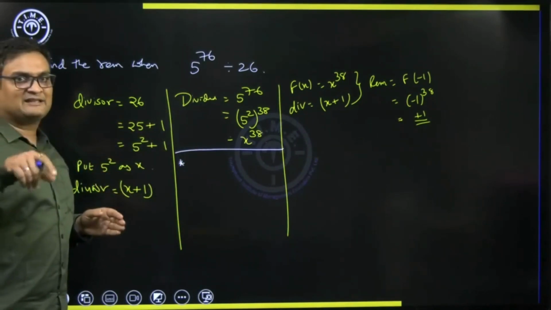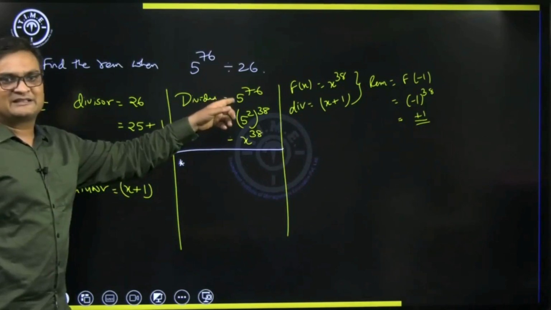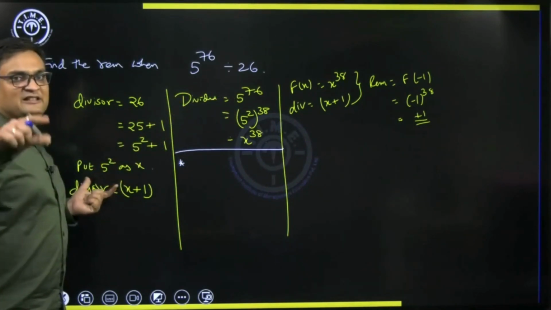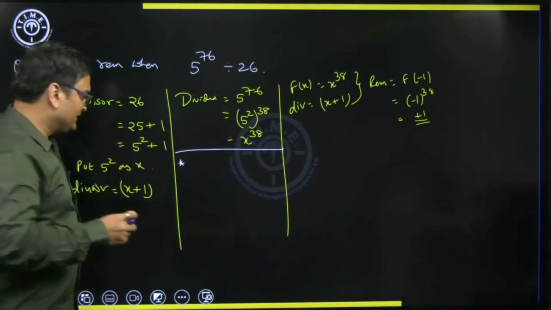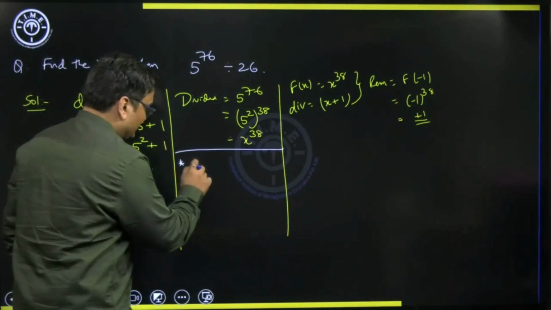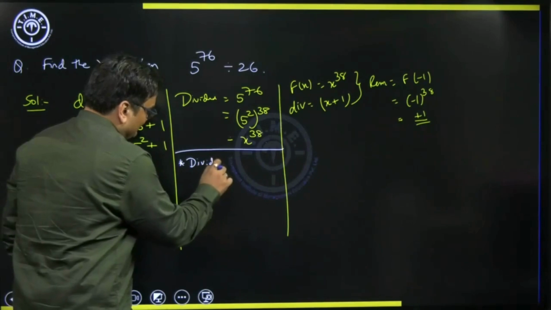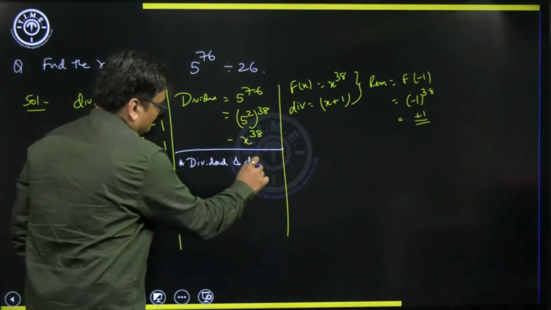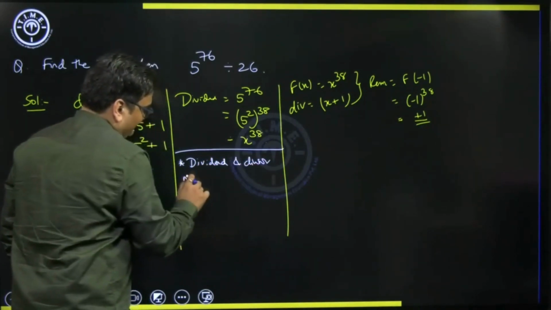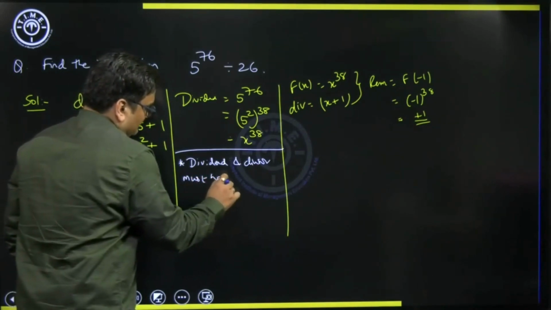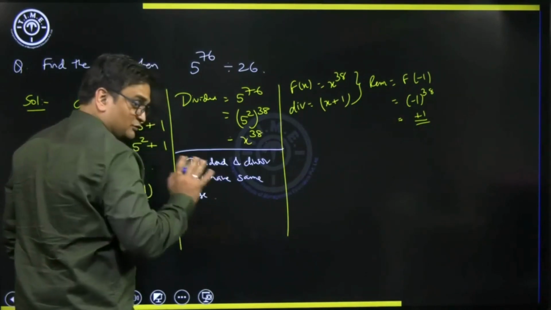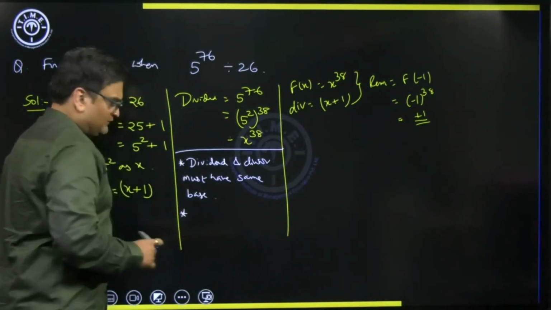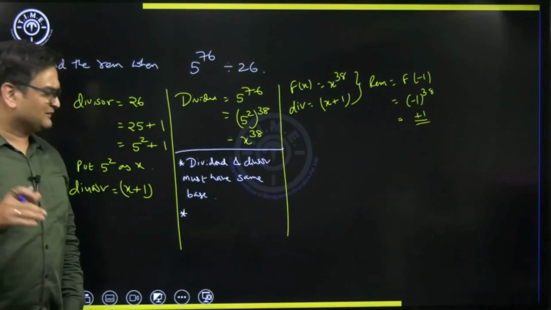I cannot have a case wherein the dividend is 3 power 76 and I am writing my divisor as 5 square plus 1 type. So dividend and divisor must have the same base. If they don't have the same base, we can't use remainder theorem. We will have to use pattern method.